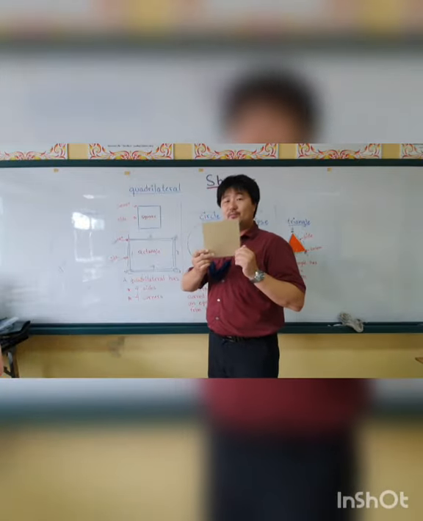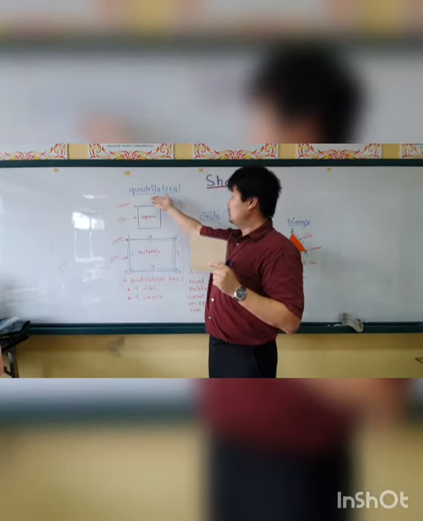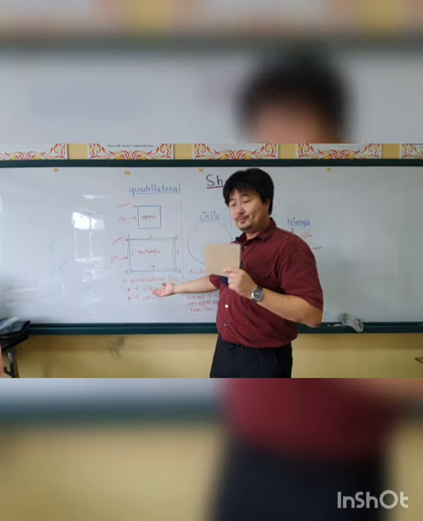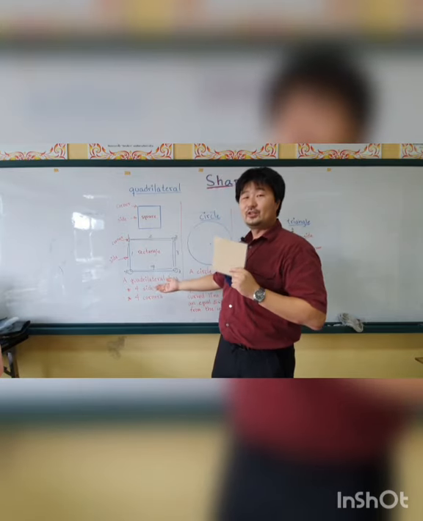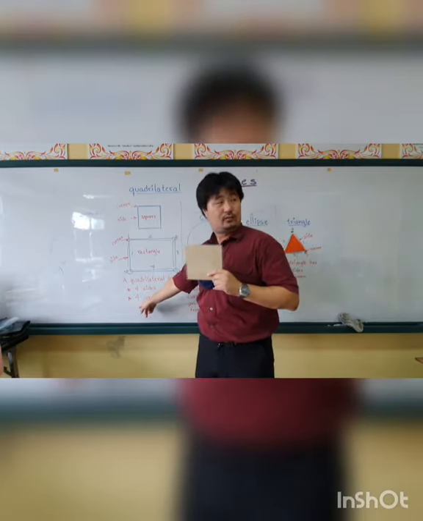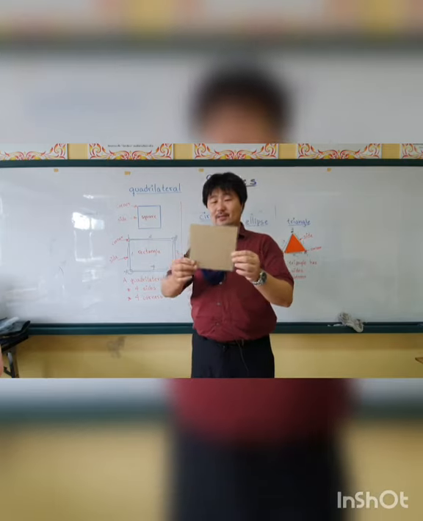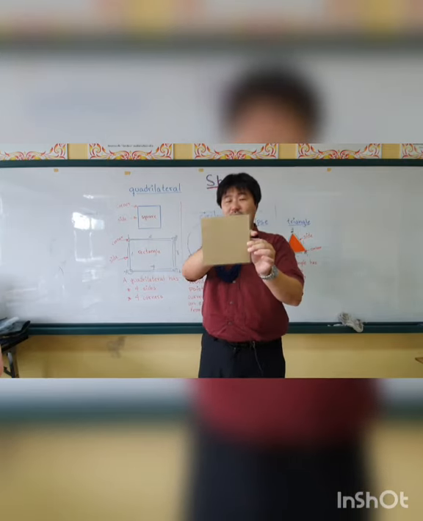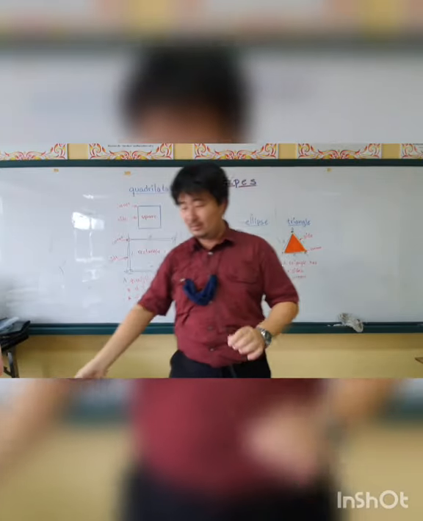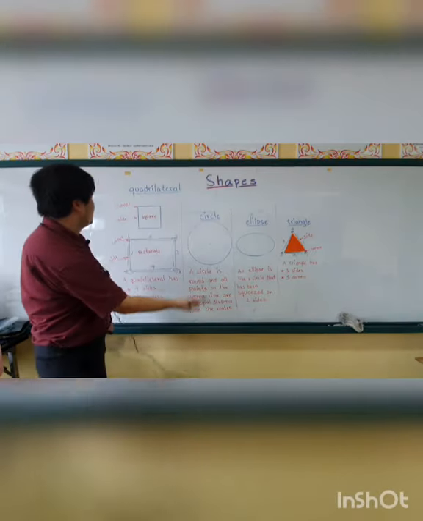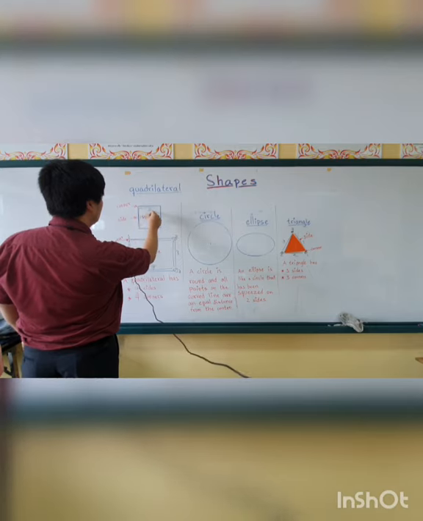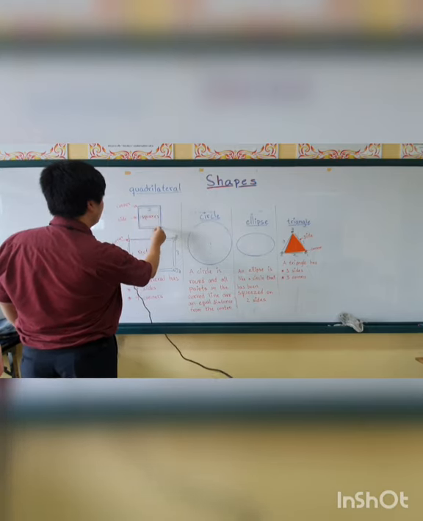Now let's look at the other one. Let's look at the square. A square is also a quadrilateral because it fulfills the definition of a quadrilateral, which is that it has 4 sides and it has 4 corners. And as you can see, 1, 2, 3, 4 sides, 1, 2, 3, 4 corners. But I will show you on the board, easier. So 4 sides, 1, 2, 3, and 4.